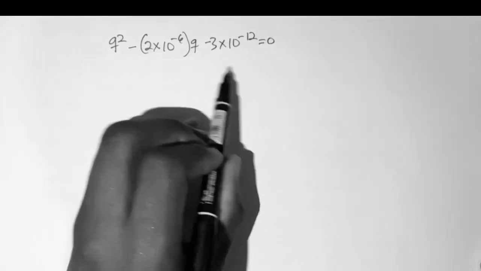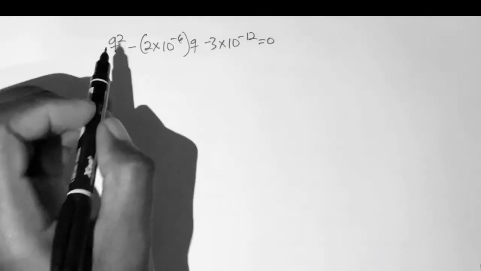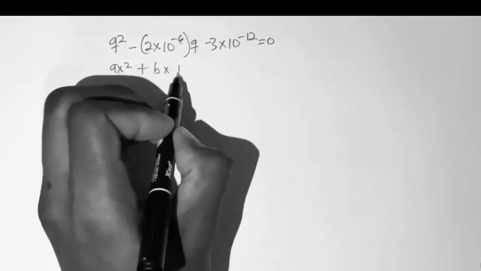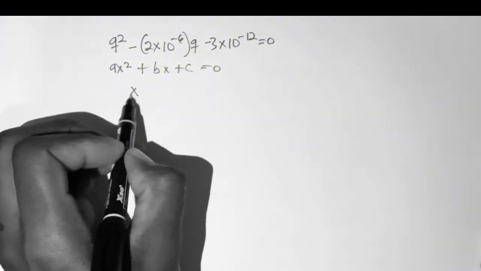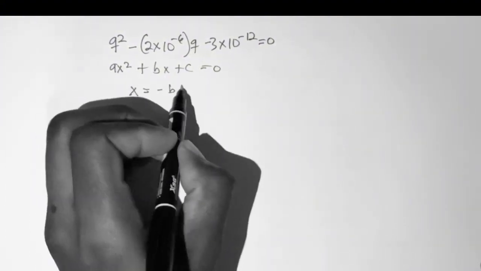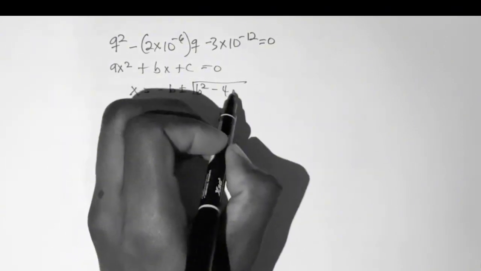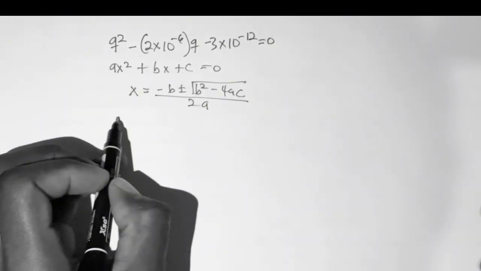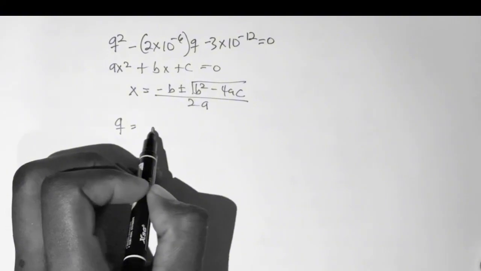So we need to use the quadratic formula, because you can see that this equation is of the form ax squared plus bx plus c equals 0. So using the quadratic formula, x is equal to minus b plus or minus square root of b squared minus 4ac divided by 2a.